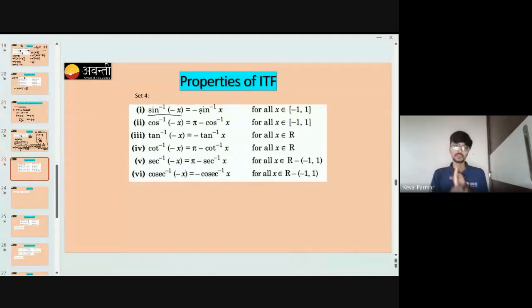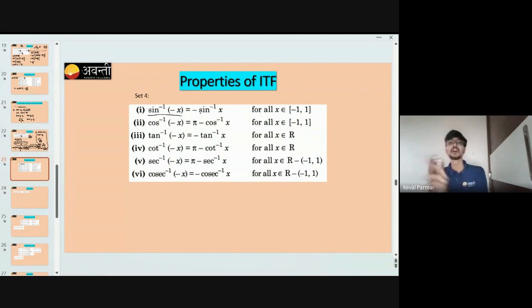For cos inverse, sec inverse, and cot inverse, the PVR is in the first and second quadrant. Accordingly, all the properties are also the same. If one of the formulae for sine inverse is given, a similar formula will be there for cosec inverse and tan inverse. And if a formula for cos inverse is given, a similar formula will be there for sec inverse and cot inverse.